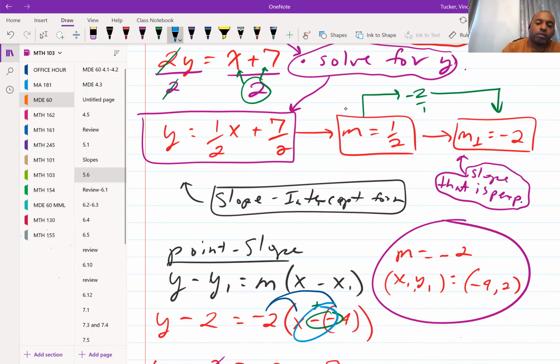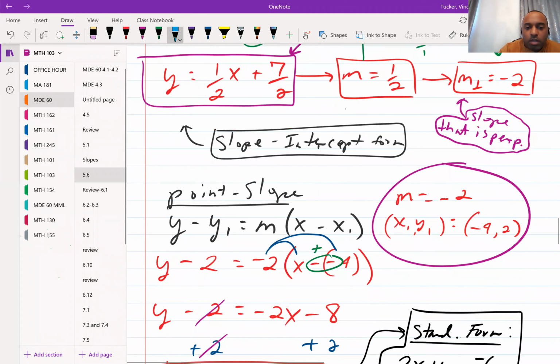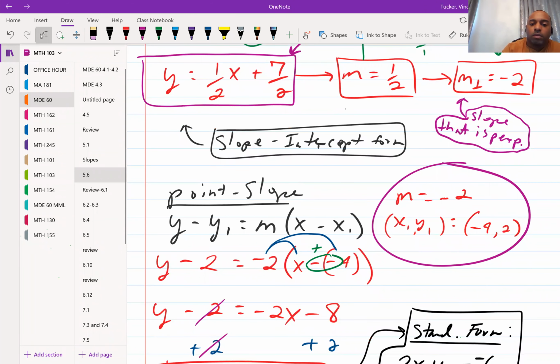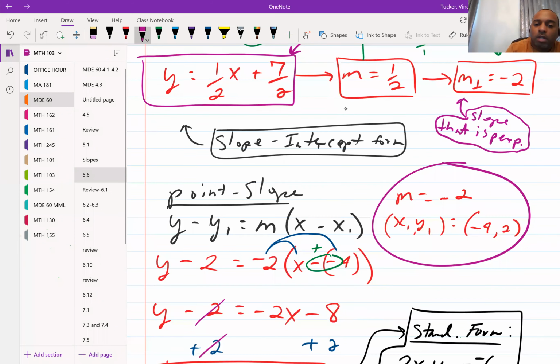All right, -2 and negative turns positive, so it's going to be x plus 4 in the parentheses. So I could have written that here just so we make sure we're good. So it's x plus 4.